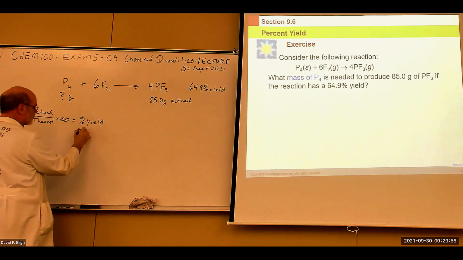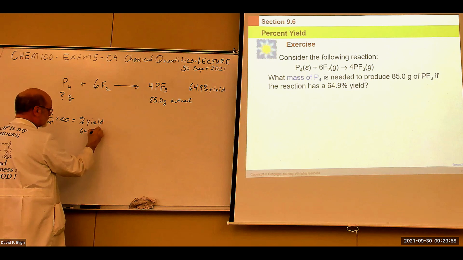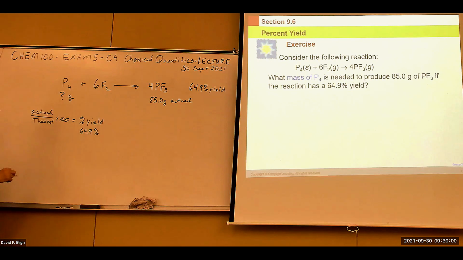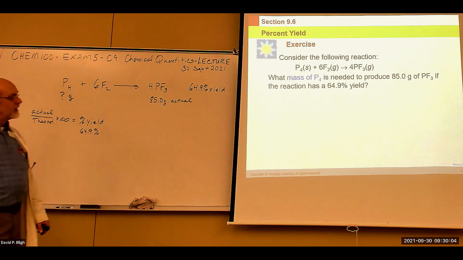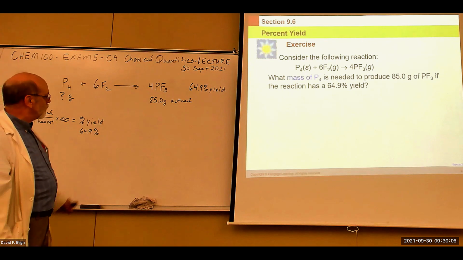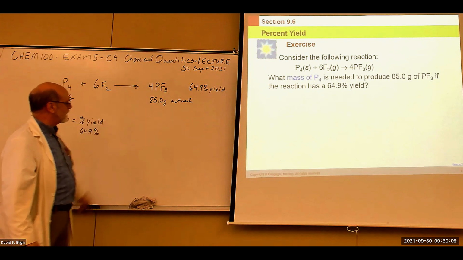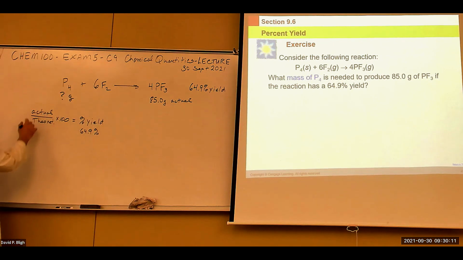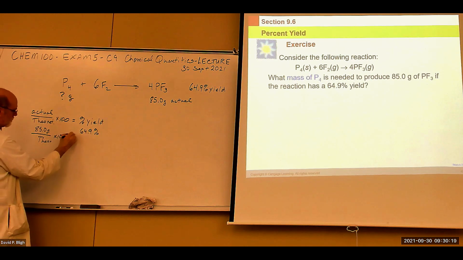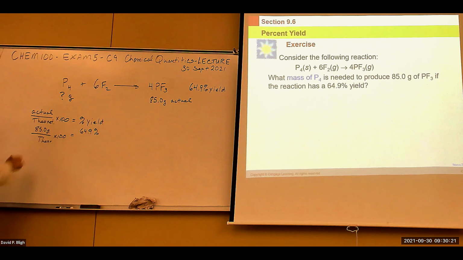We know percent yield is 64.9%. What else do we know? We want an actual amount of 85.0 grams. And this is theoretical times 100. So there's our equation with one unknown. This will give us the theoretical amount.